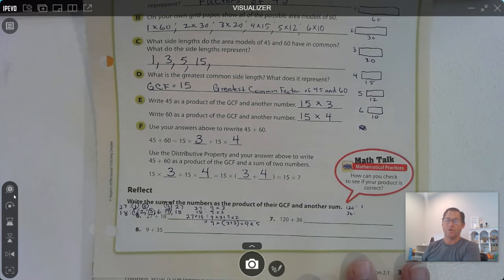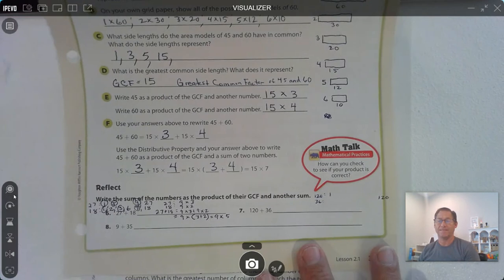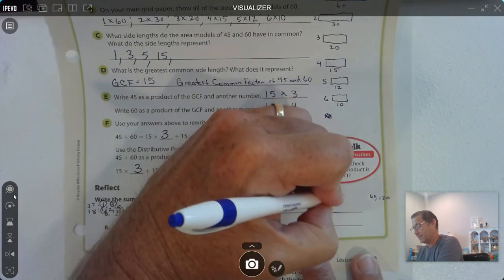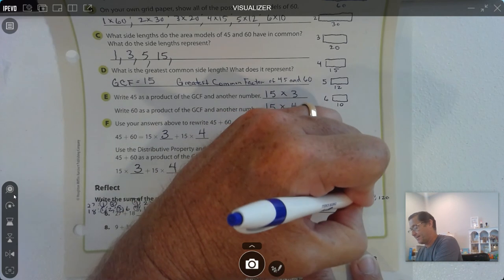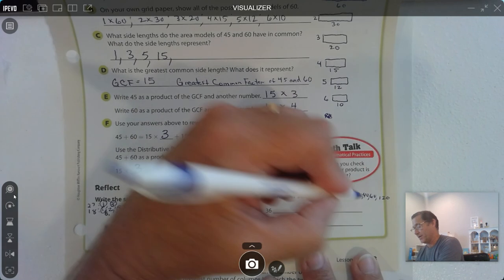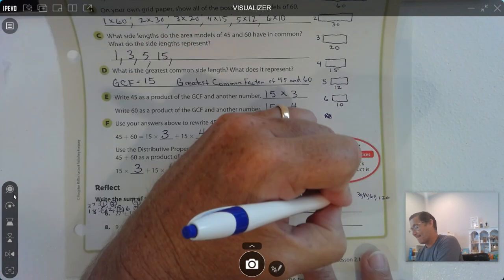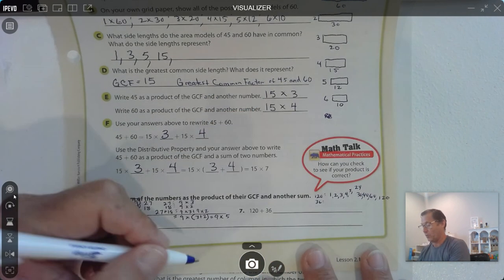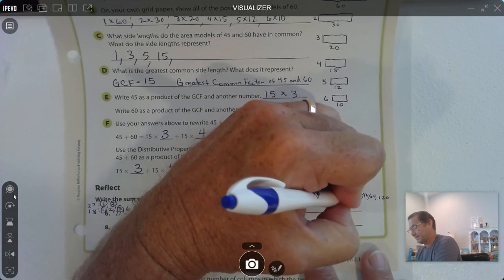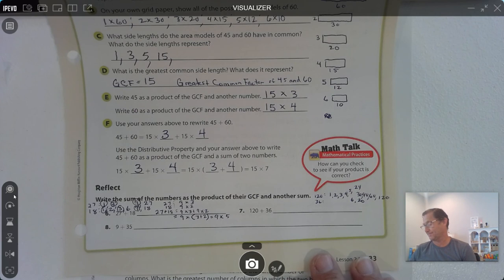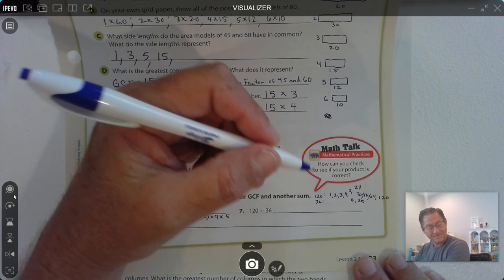Well, we know 1 times 120 is one set of factors. 2 and 60. 3 and 40. 4 and 30. 5 and 24. 6 and 20. 8 and 15.